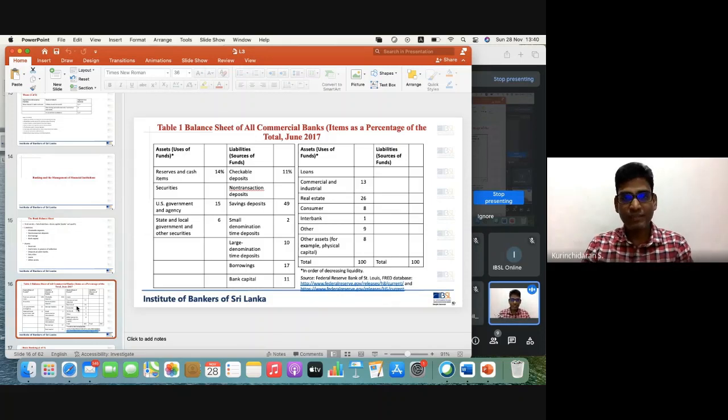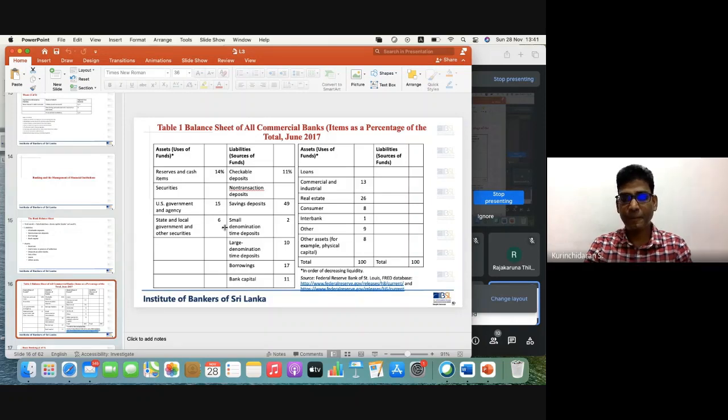Now you could see I have given it in a table because of the size, a continuation of the first one by the second one. Okay, now if you see the first item, reserves and cash items, that's 14% of the total assets. And if you take securities, that's US government securities, state and local government and other securities, it's 15 plus 6%.